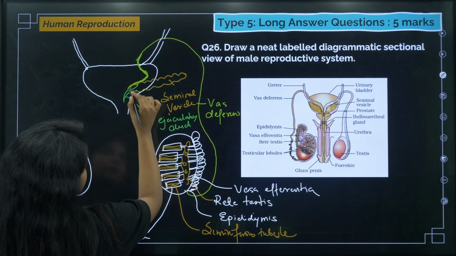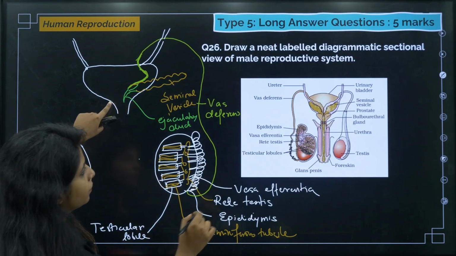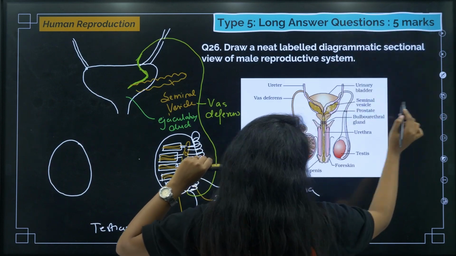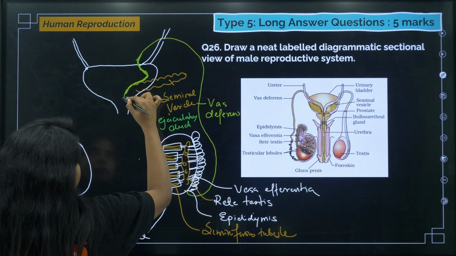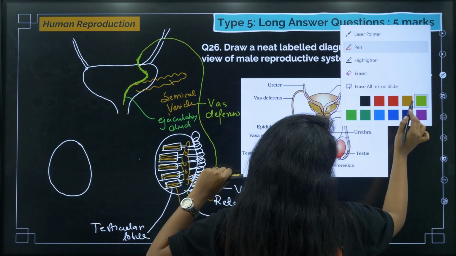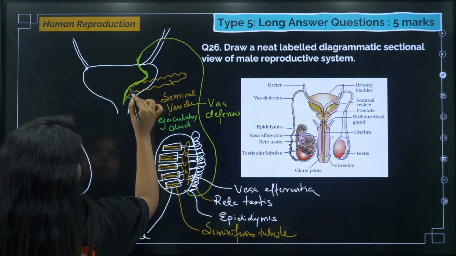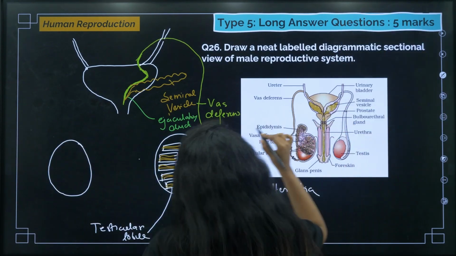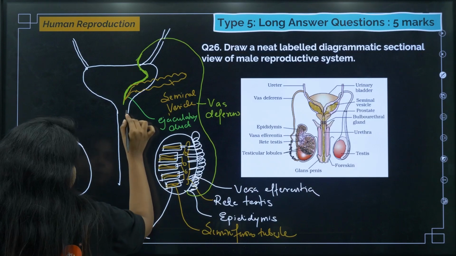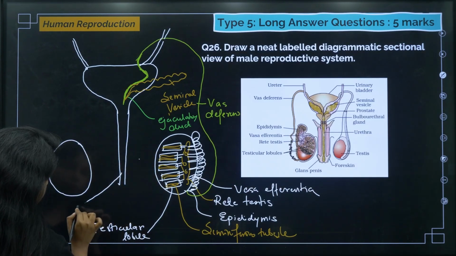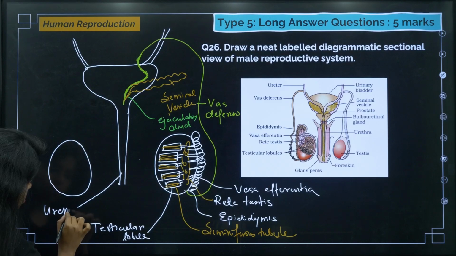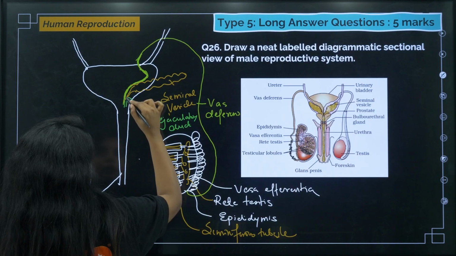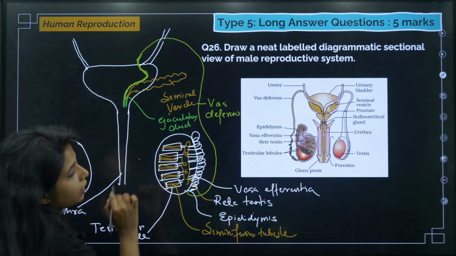So you remember you had the vas deferens, and this vas deferens is basically getting its secretions from the seminal vesicle as well, and now both of them will be opening into the urethra with the help of a common duct, and this common duct is known as ejaculatory duct.